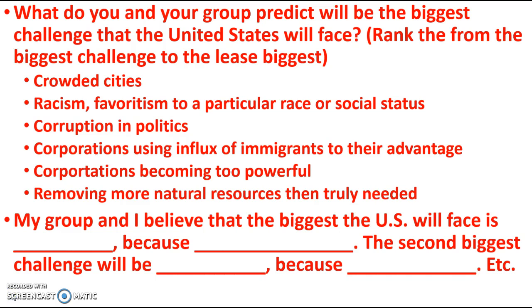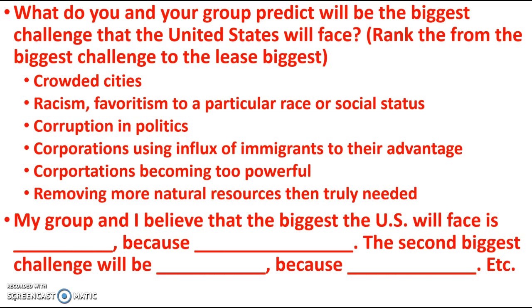So here's your write-up. I get that you may be the only person at your house, or if you're watching this on Friday, you may be the only person doing this. So this falls on you, okay? But this is the question. What do you and your group predict will be the biggest challenges that the United States will face? Rank them from the biggest challenge to the least biggest.